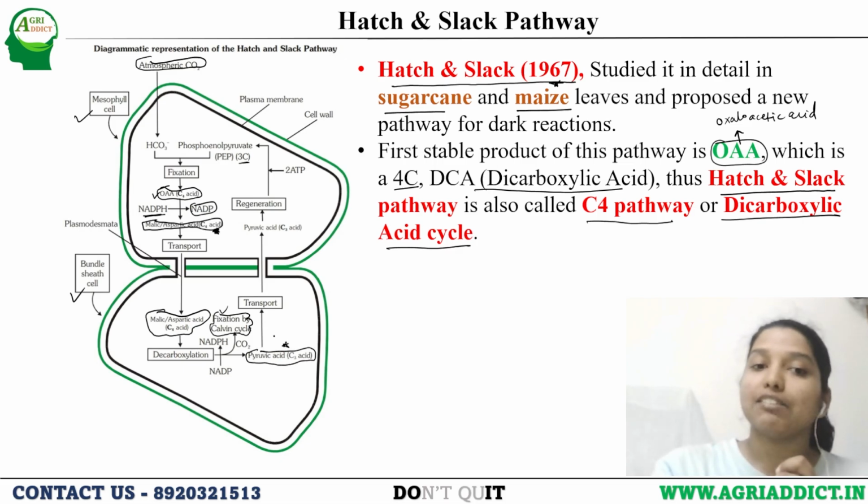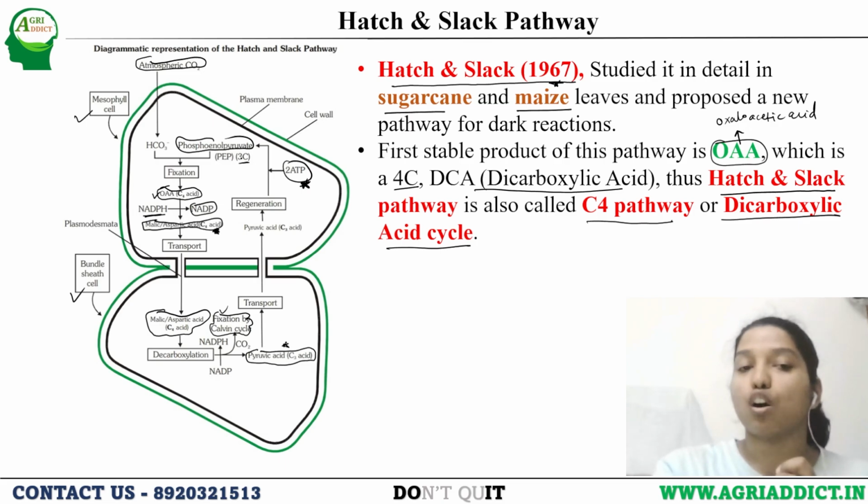Now this pyruvic acid will be transported to mesophyll cell, and there will be a regeneration of phosphoenol pyruvate by using 2 ATPs. So here 2 ATPs are required for the regeneration of phosphoenol pyruvate for again fixation of this atmospheric CO2.